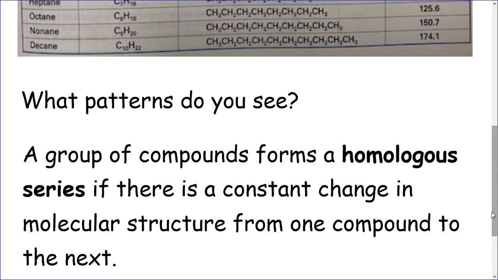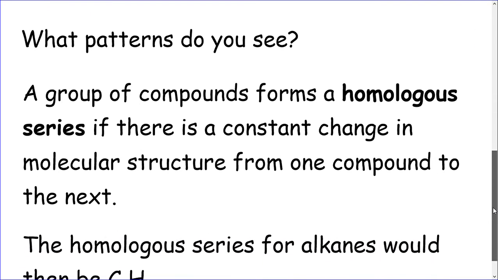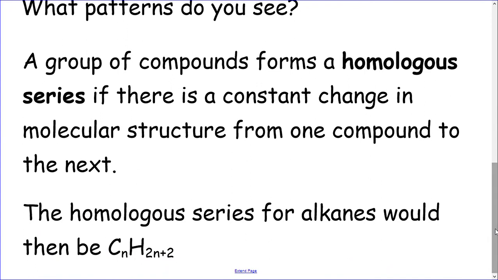How do the carbons compare to the hydrogens? So if I had CnH2n+2, whatever carbon number I have, if I double it and add 2, that will tell me how many hydrogens I have, and that's known as a homologous series.